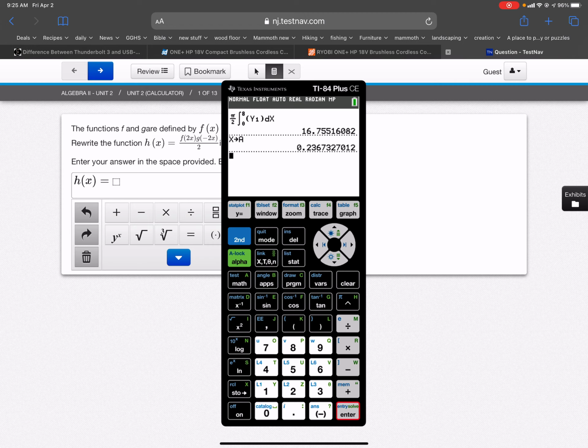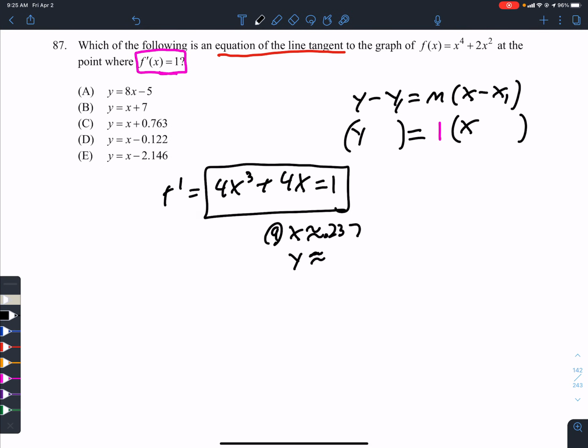Now I want to find the y value of the function. So I'm going to get the y value at a, 0.115. So it's going to be y minus 0.115 equals x minus 0.237. And then they just simplified by adding this to both sides.